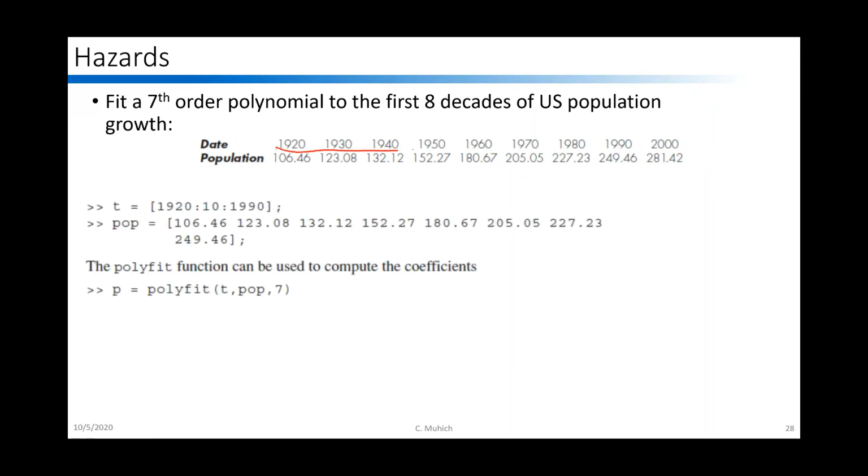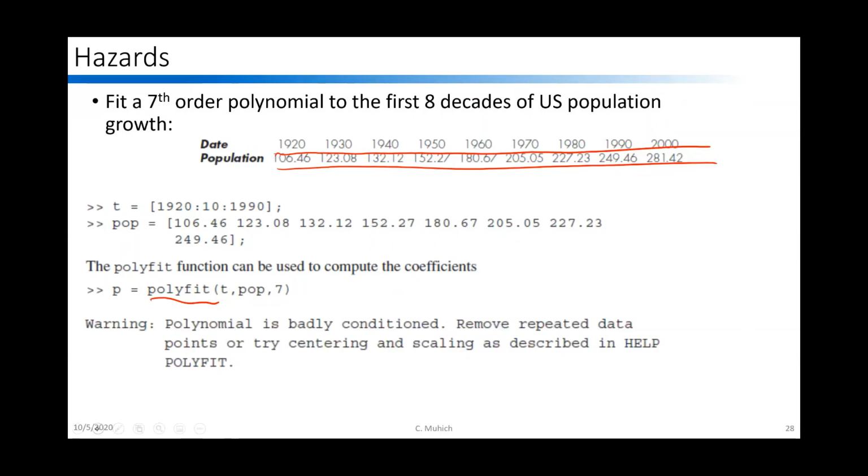Here, I can have the dates of the different population, and then I can put in the associated population values. So here in Matlab, that would be 1920:10:1990, and then I could put in the associated population. I could then use that polyfit function like we did previously.